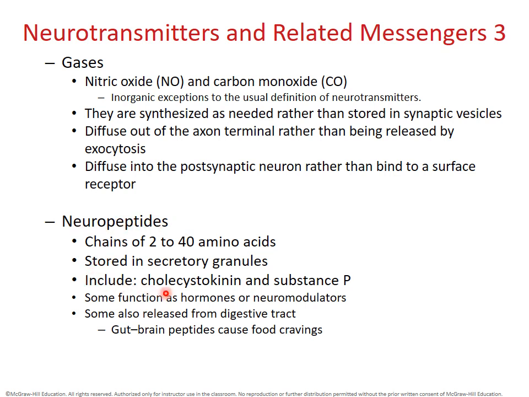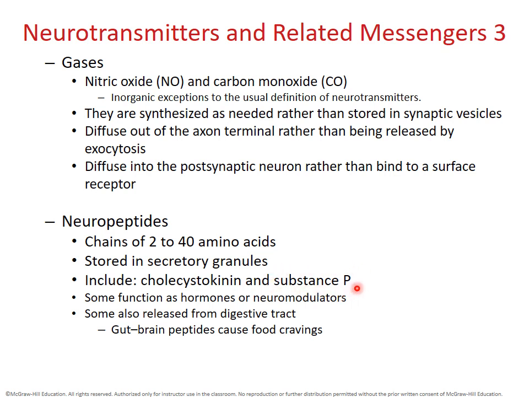Some neuropeptide neurotransmitters include cholecystokinin. In A&P2, you'll talk more about cholecystokinin as a hormone of the digestive system released by, for instance, the small intestine to help regulate digestive activity, but it can also function as a neurotransmitter in some cases. And substance P is another neuropeptide.